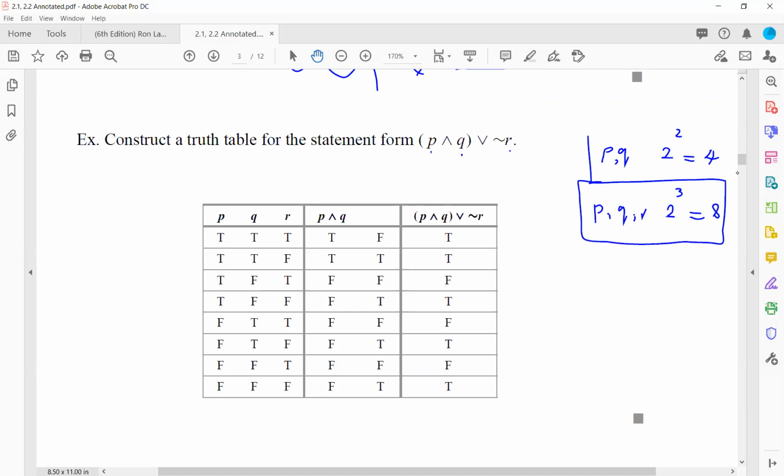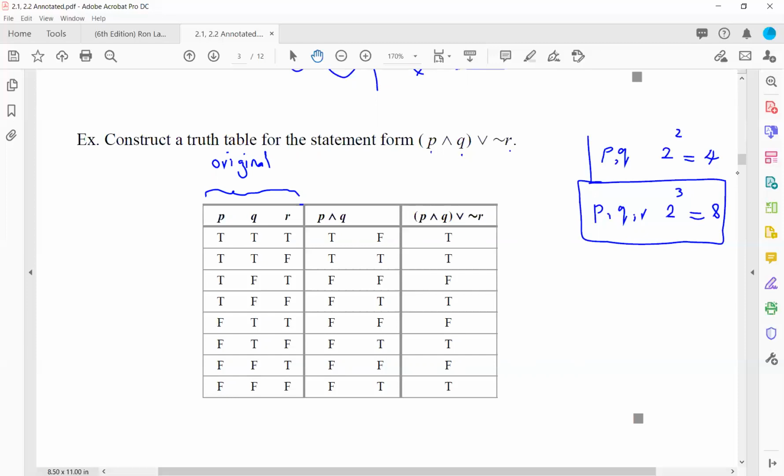Okay, perfect. First of all, you have to list all the original statements here: P, Q, R. So for P, it can be true, Q can be true, R can be true. P can be true, Q can be true, R can be false.